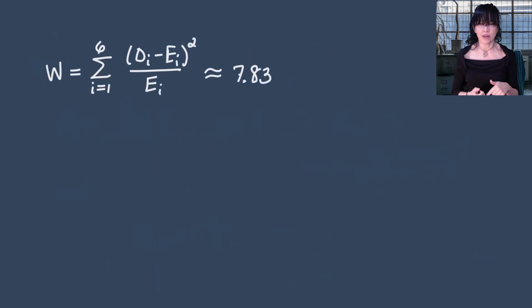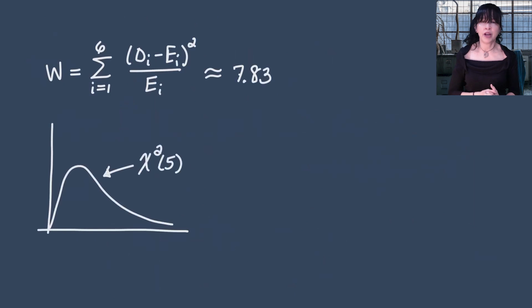You have to take one value away from the number of categories. This is a picture of a generic PDF, but this is supposed to represent my chi-squared 5 PDF. And we're going to say, what is too large before I'm going to stop believing that this is the right distribution. So what we usually do, if you know hypothesis testing, you know exactly what I'm doing here.